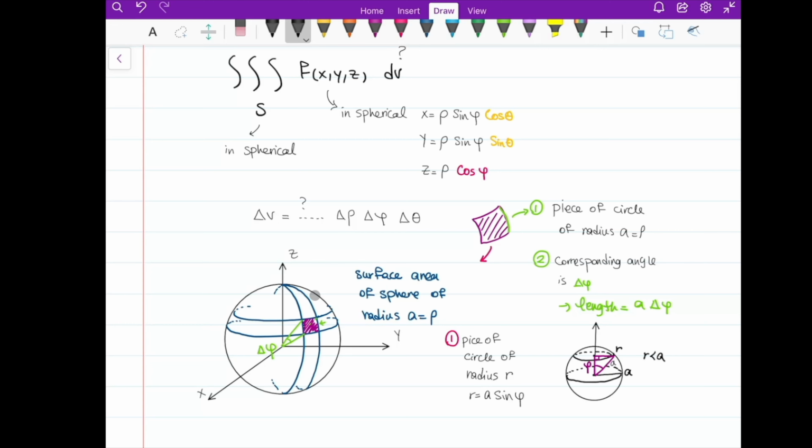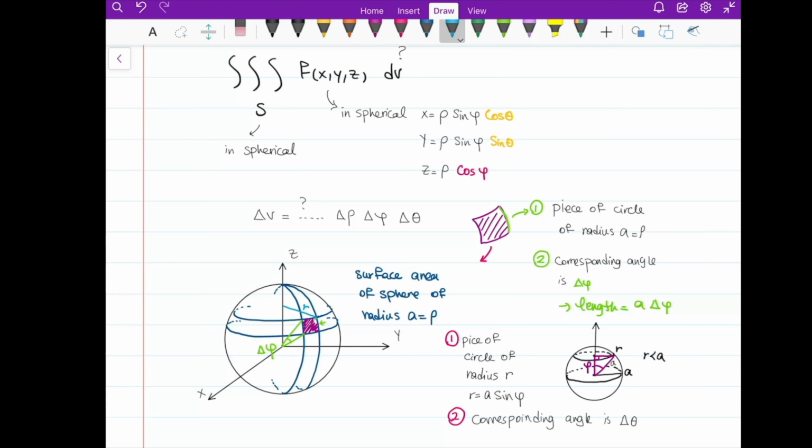So I can say that this is basically r, and r in here, as I explained, would be A sine phi. What is the corresponding angle? The corresponding angle is delta theta.